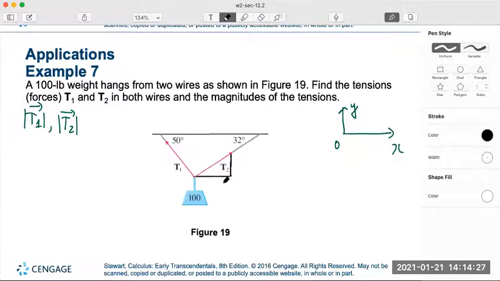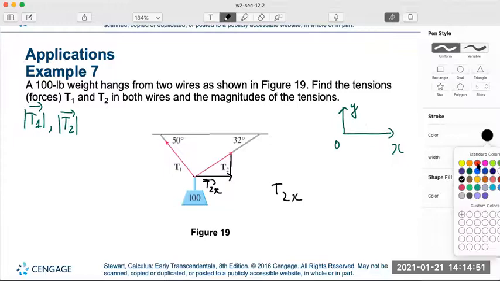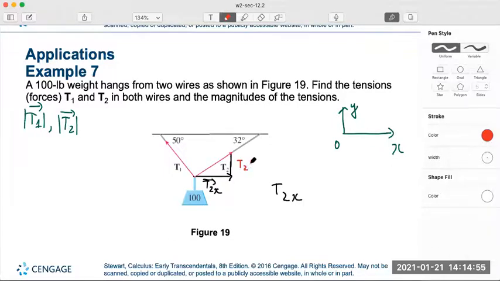Let us call this vector T2x, and this one T2y, which is in the y direction.